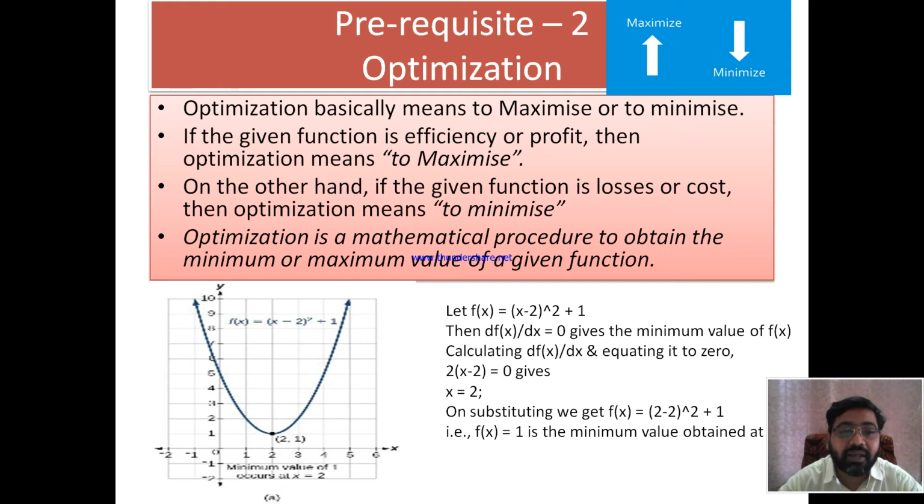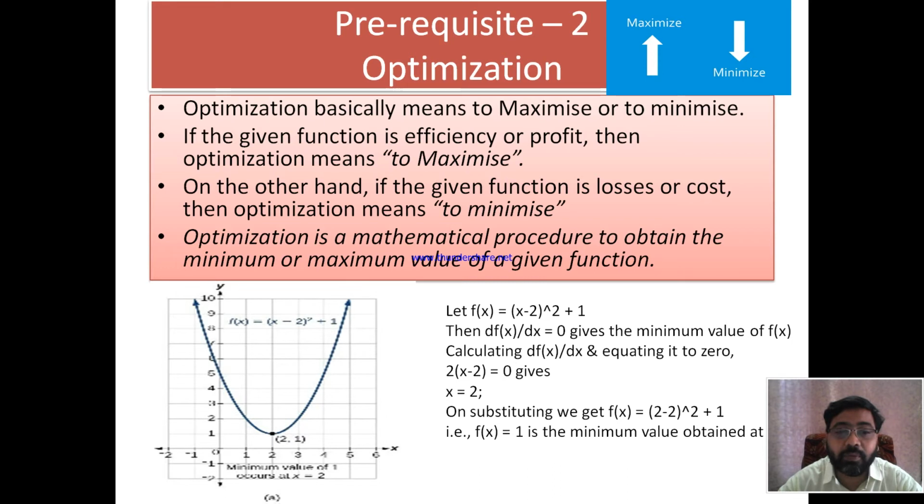It is a curve of V shape. It is having its minimum value, as is shown in the figure, at x is equal to 2. At x is equal to 2, the minimum value y is 1.